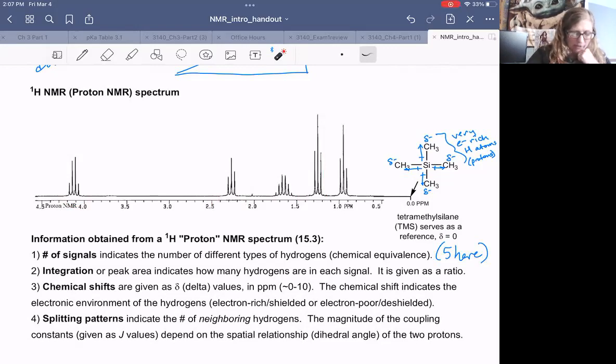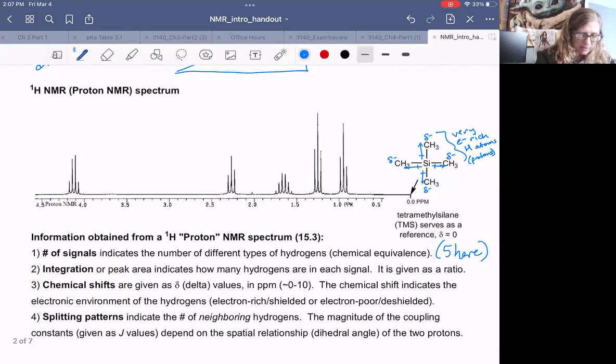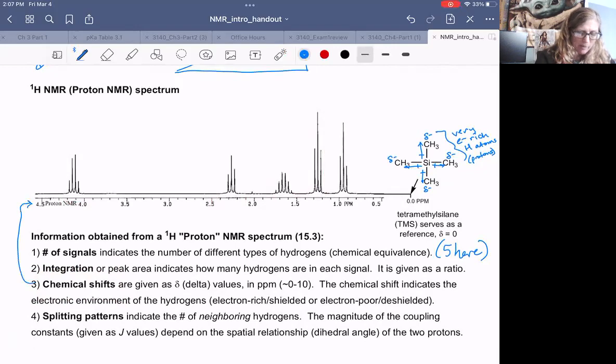The chemical shift is what we call the ppm. It's also known as a delta value. These numbers, in this case from 1 to 4, are the various chemical shifts. They're called delta values, and they're given in parts per million.